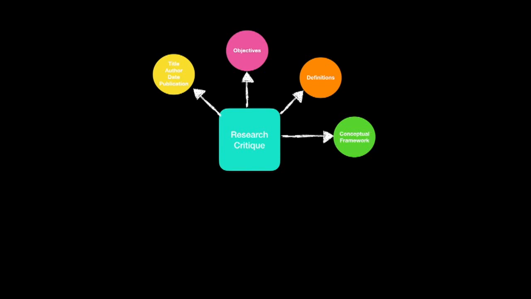It is the conceptual framework. In the conceptual framework, you need to detect whether the dependent variables and independent variables are related to each other or not, and whether they are related to the objectives or not. Next, this part is very big.